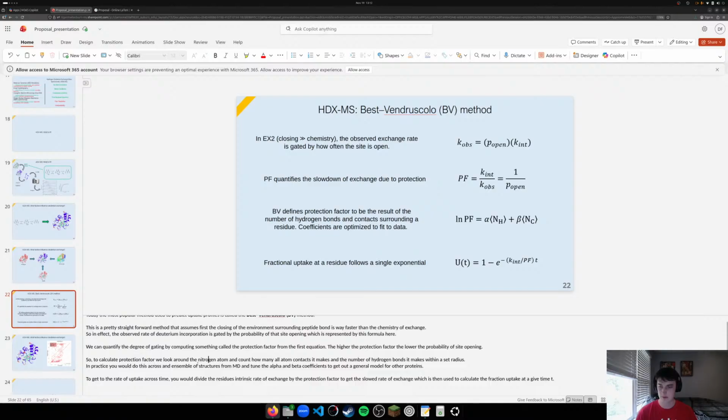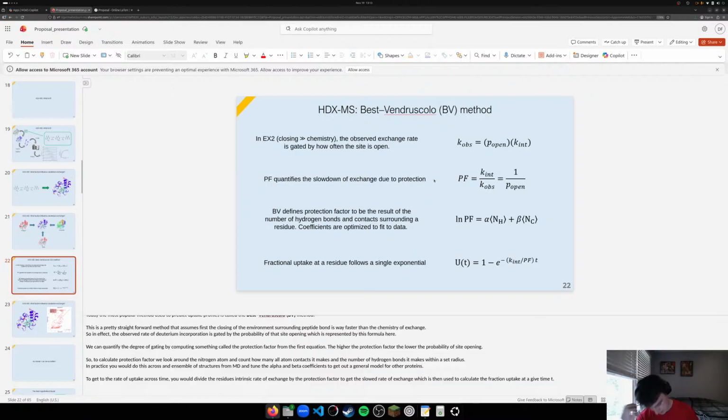In practice, you would do this across an ensemble of structures from MD and tune the alpha and beta coefficients to get a general model for other proteins. To get a rate of uptake across time, you would divide the residue's intrinsic rate of exchange by the protection factor to get a slowed rate of exchange, which is used to calculate the fraction uptake at time t. That makes sense. What could they ask me here?